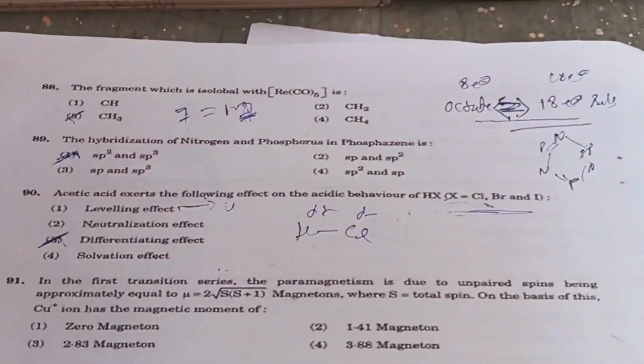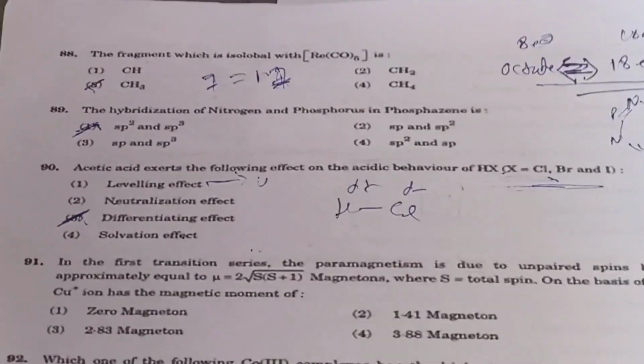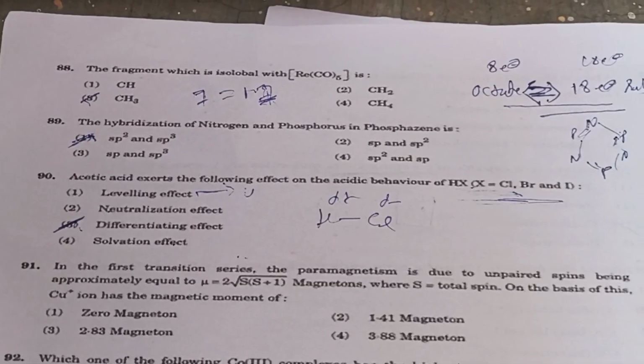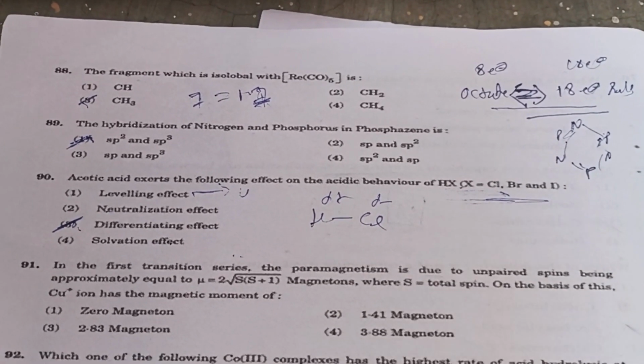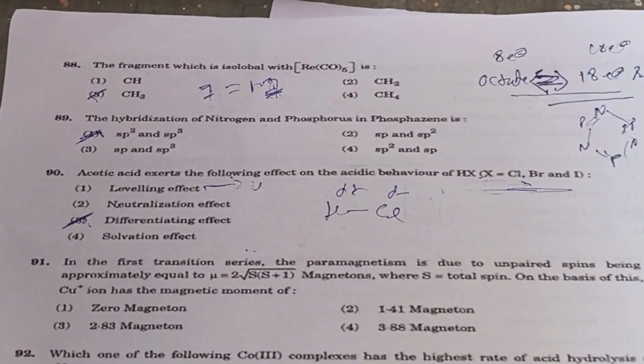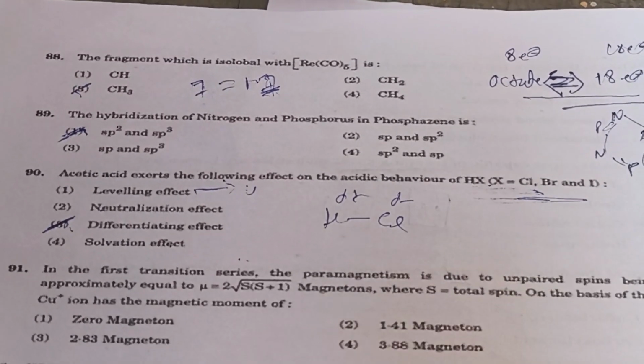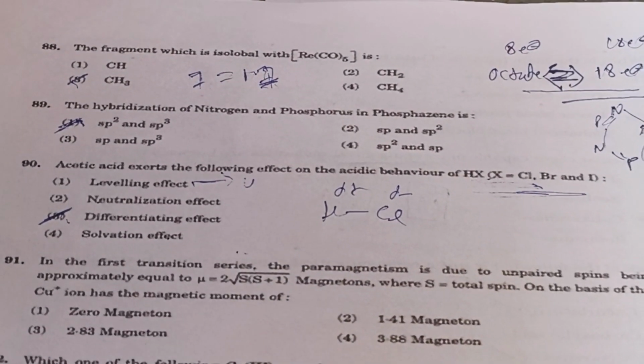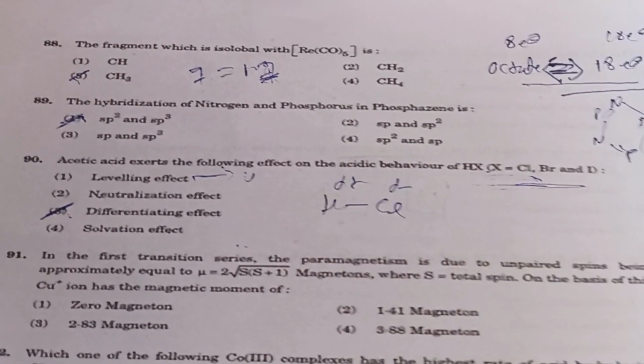Since water pH is 7 and acetic acid pH is near 7, but HCl, which is a strong acid, has pH around 1 to 2, HCl shows the leveling effect, and since acetic acid is a weak acid, it will make the differentiating effect.